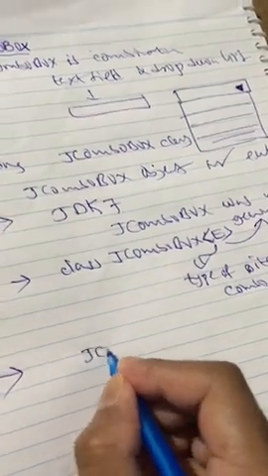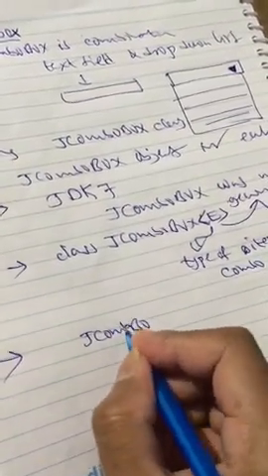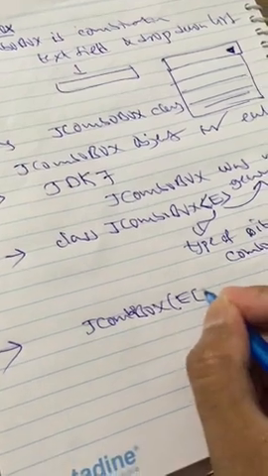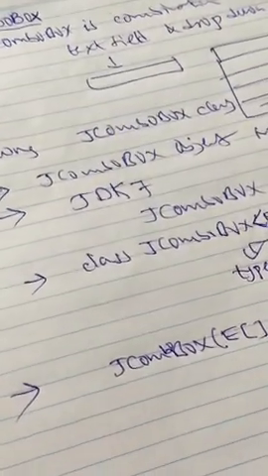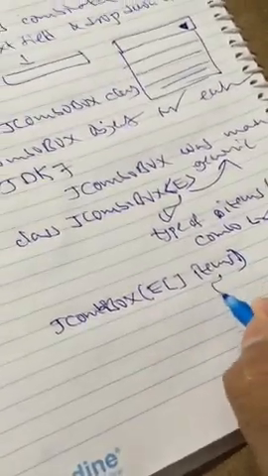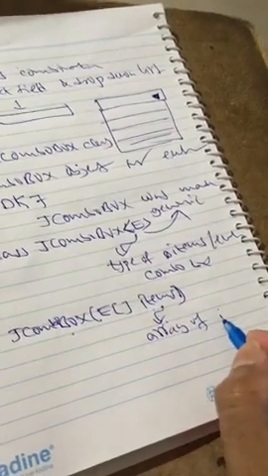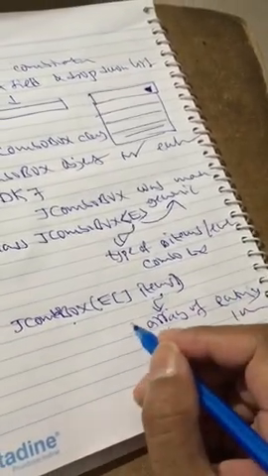The constructor used for creation of a combo box is JComboBox<E>(E[] items). Here items is an array which contains a list of entries or items to be added to the combo box and displayed in it.